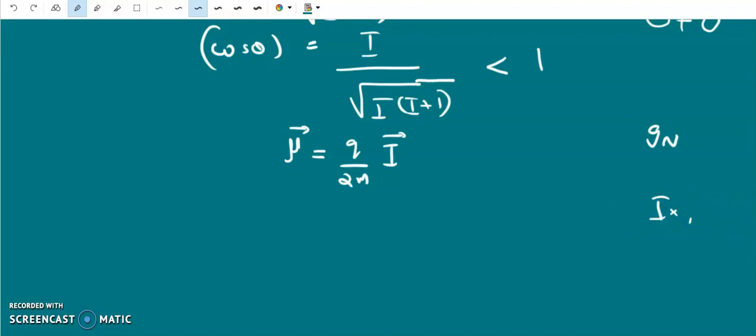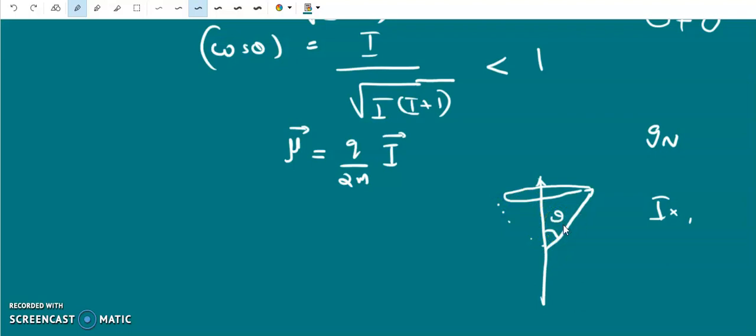They vary such that the angular momentum vector is precessing around the magnetic field in a cone such that cos theta is mi by root of I into I plus 1. So this angle is fixed, and it precesses around a cone such that Ix and Iy vary.